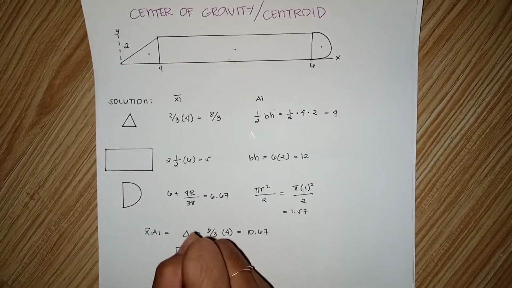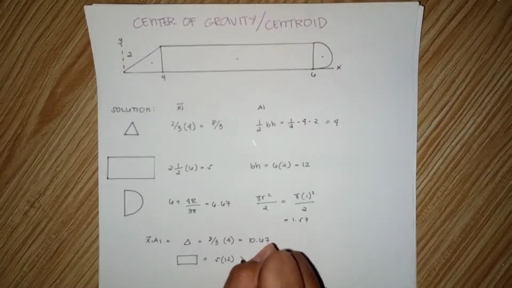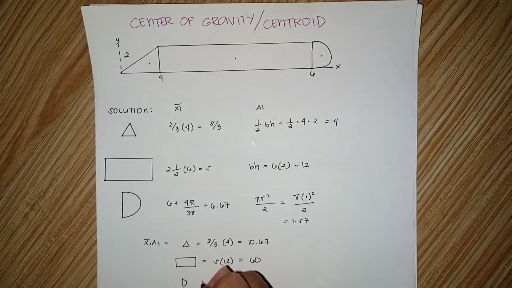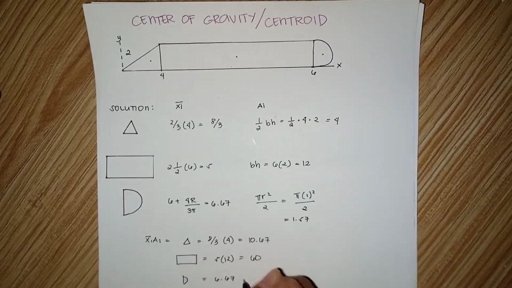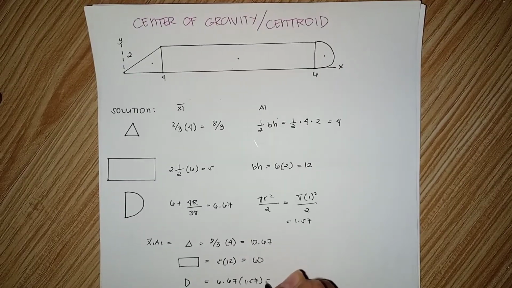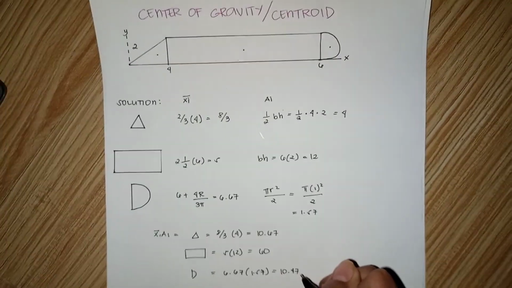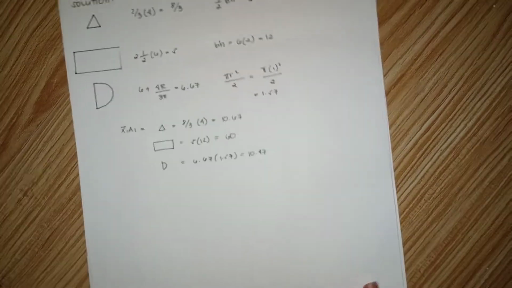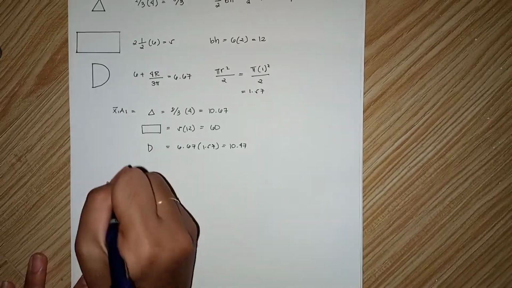The rectangle: 5 times 12 is equal to 60, and then the parabola is equal to 6.67 times 1.57 is equal to 10.47. And then after that, we're going to use the formula of the x bar.